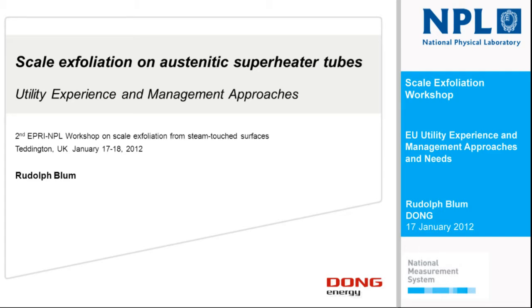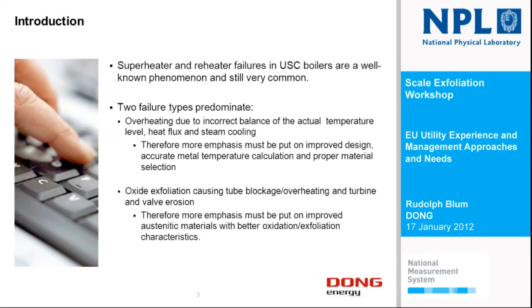Of course, we know that superheater and reheater failures, especially in USC boilers, are well-known phenomena and unfortunately still very common. And we know that two predominating failure types are seen: overheating, either due to incorrect construction or due to oxide exfoliation and blockage.